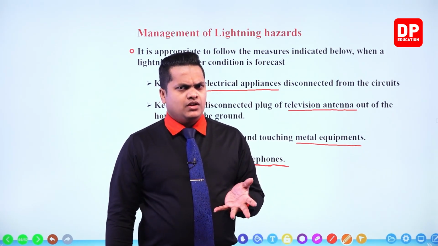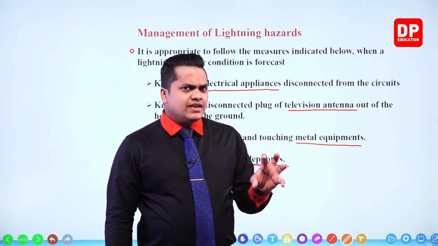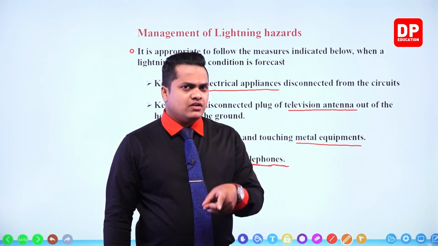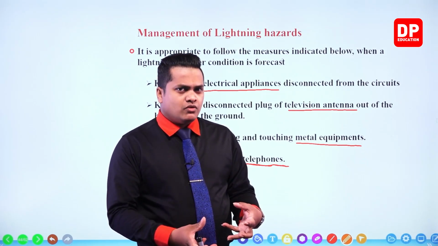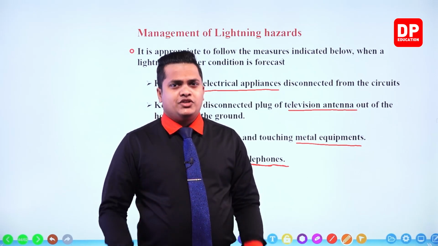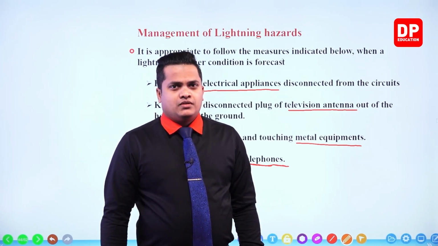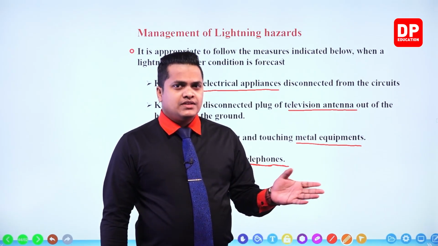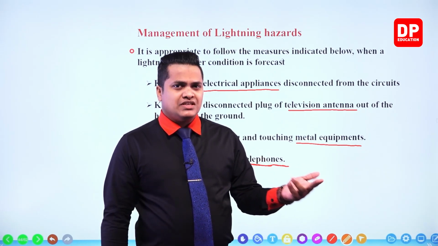But however, there are some cases that you might have heard, where a person has died from a lightning stroke while using a mobile phone. So what is the relationship between those incidents then?